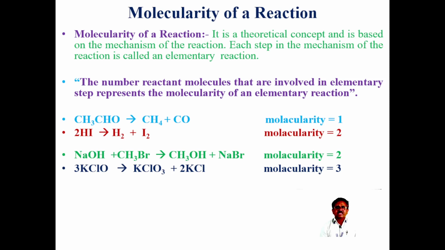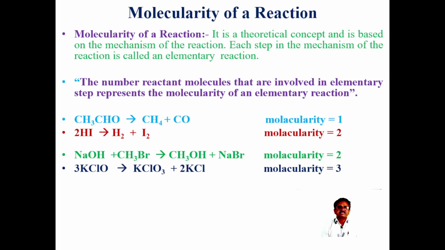For example, take CH3CHO gives CH4 plus CO. In this reaction, only one molecule of CH3CHO is taking part. So, molecularity for this reaction is 1. 2HI gives H2 plus I2. Here two molecules of HI are decomposed to give H2 plus I2.